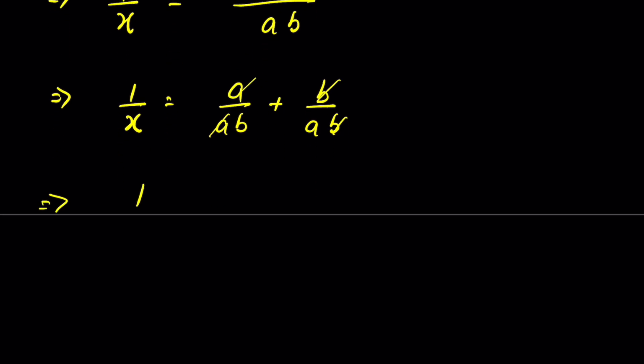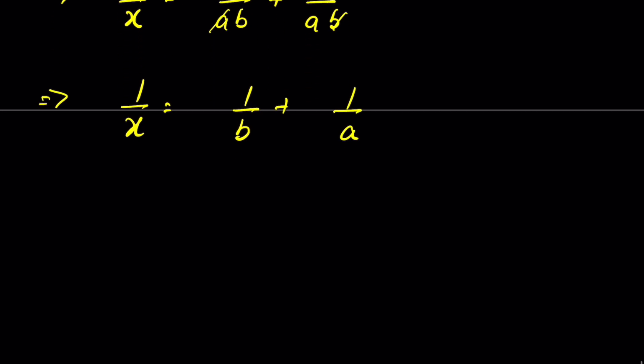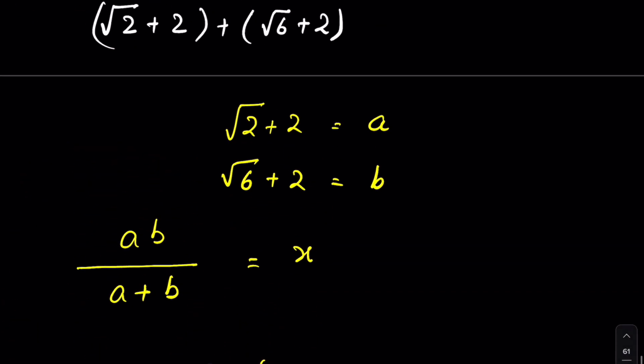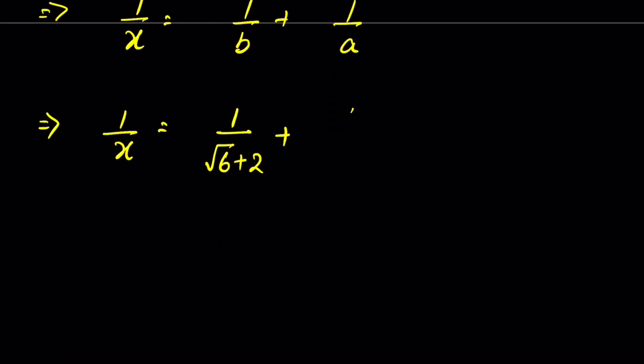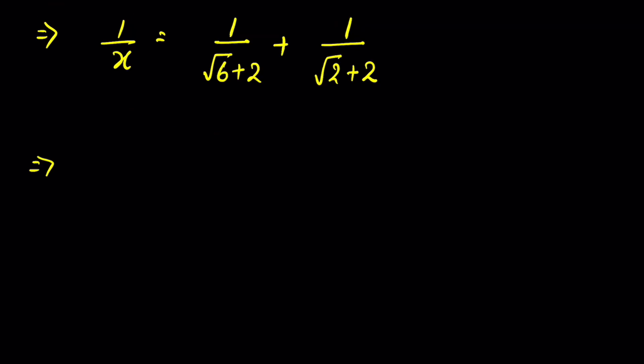So we have 1 upon x is equal to 1 upon b plus 1 upon a, or 1 upon x is equal to 1 upon b, which is square root of 6 plus 2, plus 1 upon a, which is square root of 2 plus 2. Now let's rationalize the denominator.